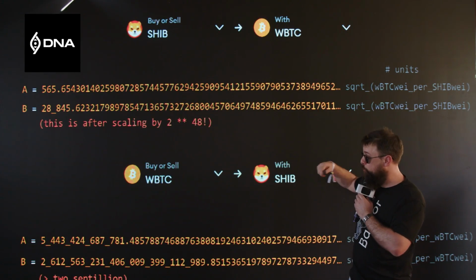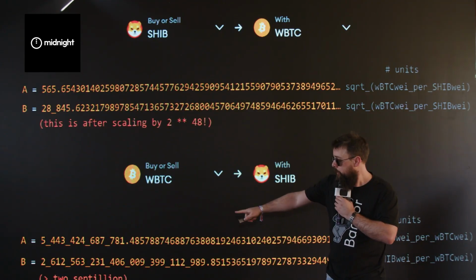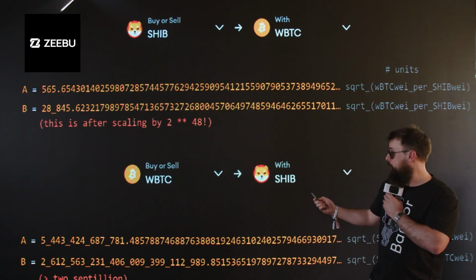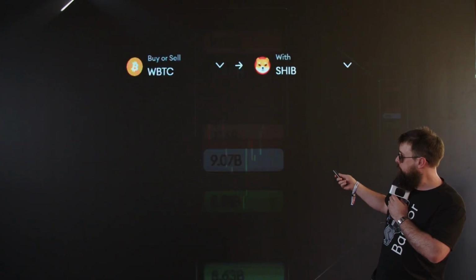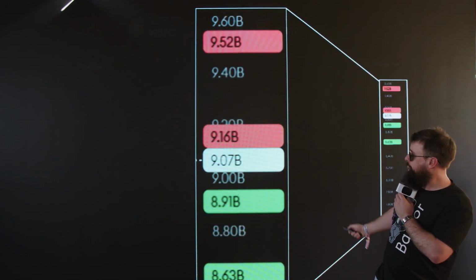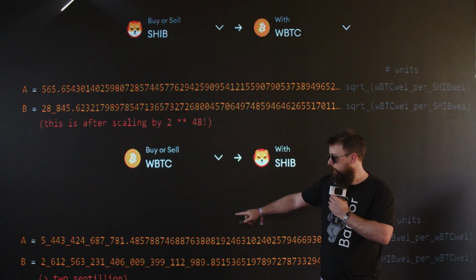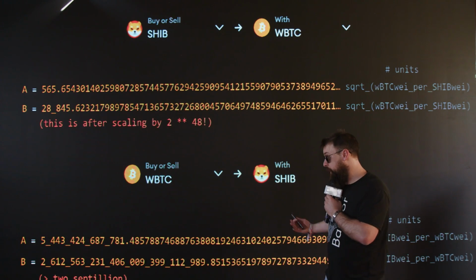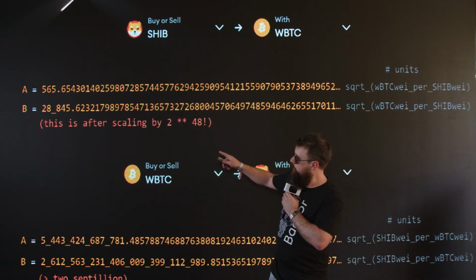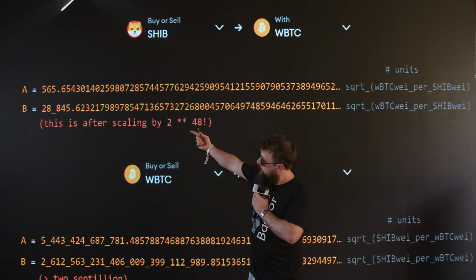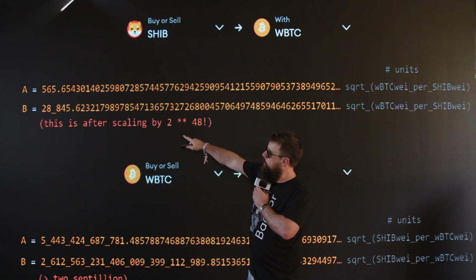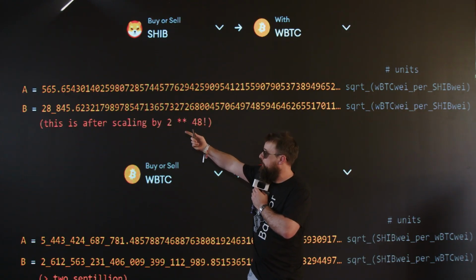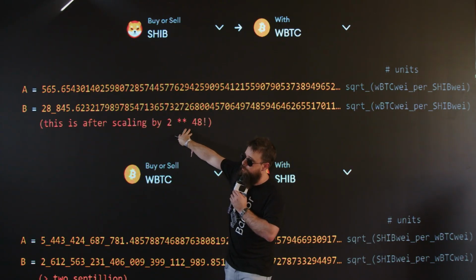So it's 10 orders of magnitude worse than that. That means that we're getting truly enormous numbers down here. For that particular schedule that I showed you on the slide before, this one right here, we're already looking at numbers that are over 2 septillion, which is much larger than anything should be stored in a smart contract. And on the other side, for the Bitcoin side, we're only getting like 565, which is after scaling by 2 to the 48.